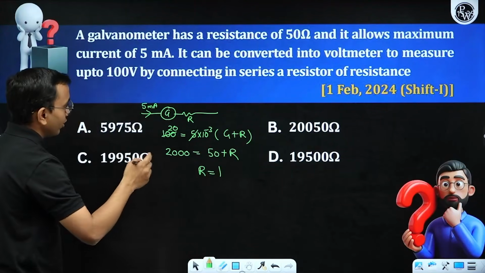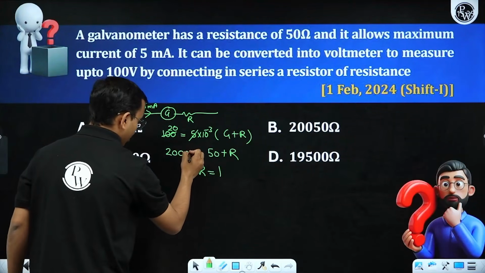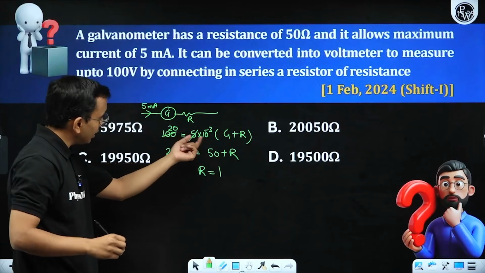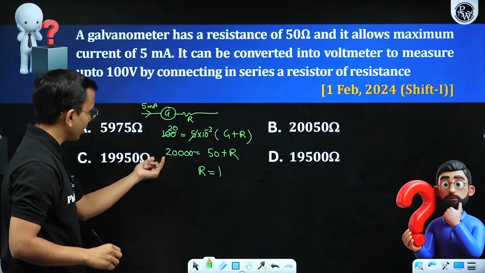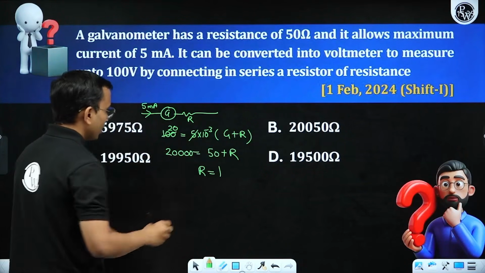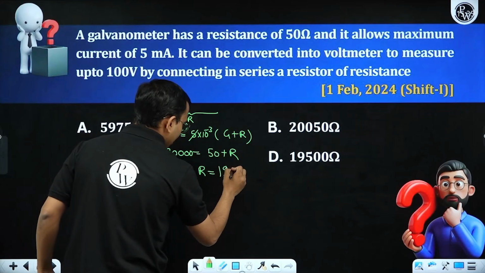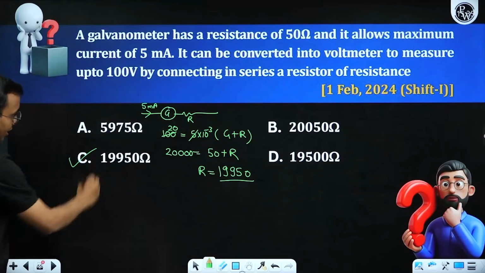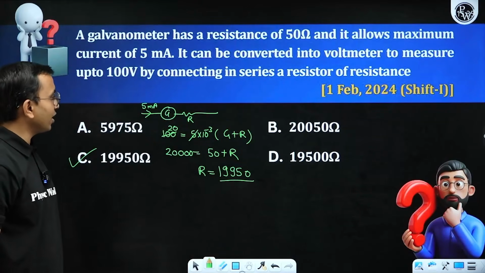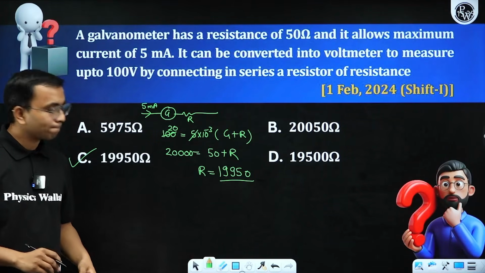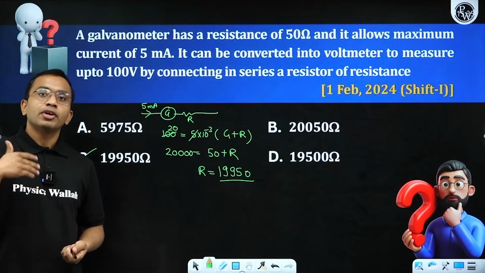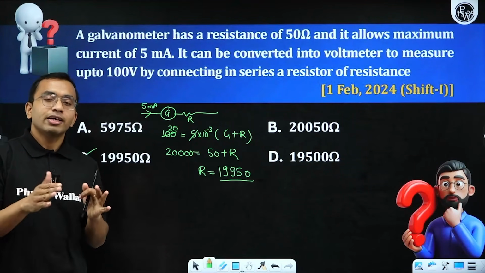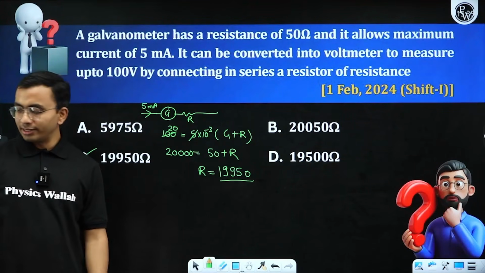No, I made a mistake. This should be 20,000, 20 into 10 to the power 3. So 20,000 minus 50 will become 19950. That is option C, 19950. So this is how we can find the resistance that we need to connect in series.